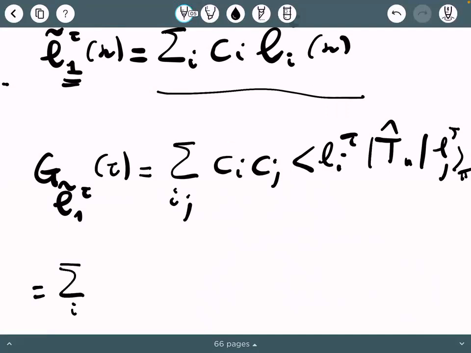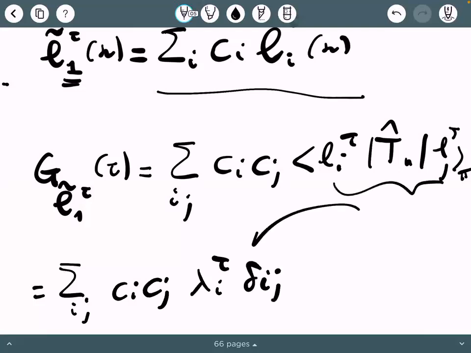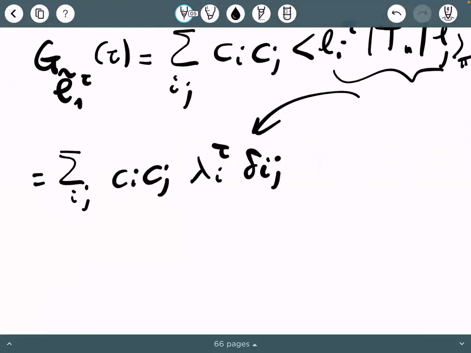This is the sum over i, j of c_i c_j lambda_i(tau) delta_ij. Of course, I can take away this sum.